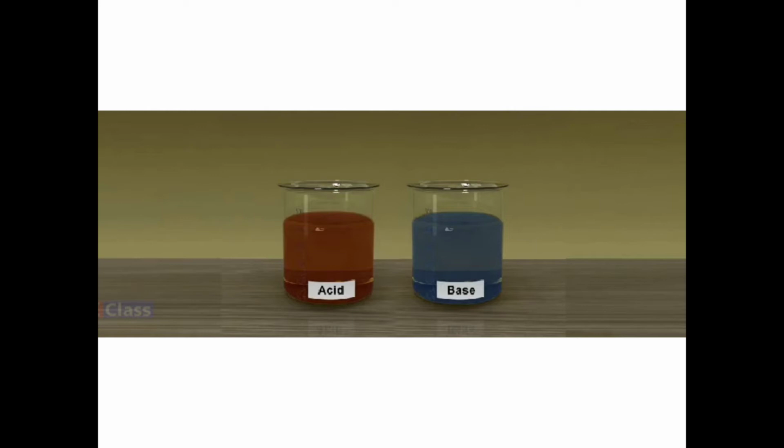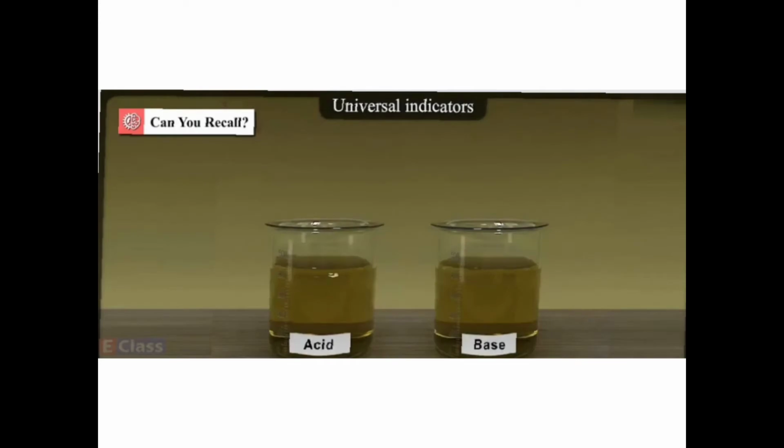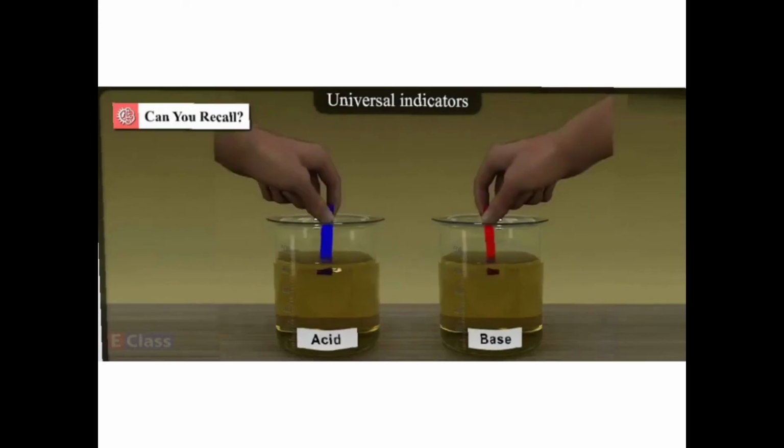So in the acid and base, they change their color. Okay, so we have very different things, but with the mixture of various things, one universal indicator is made, which gives us varieties of color.